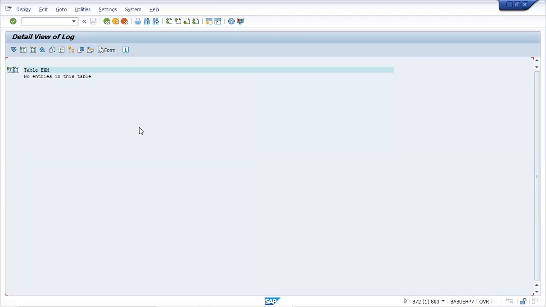So what does this EXM do? There is a function called P0582 that will create this internal table EXM, which will contain your input type 582 information.